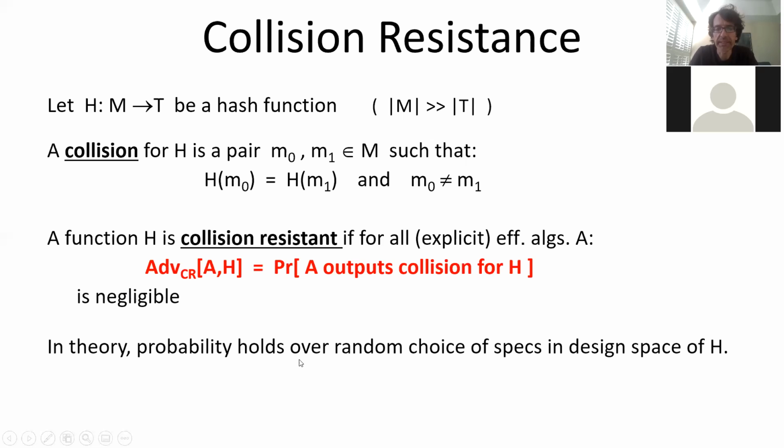And basically, we eliminate this fishiness by pretending that the probability goes over the randomness in the choice of creating this hash function. So in other words, we say, okay, this hash function is not fixed. It is randomly generated from some inherent space. Think of S boxes inside DES.